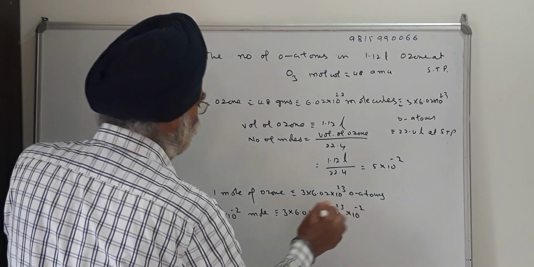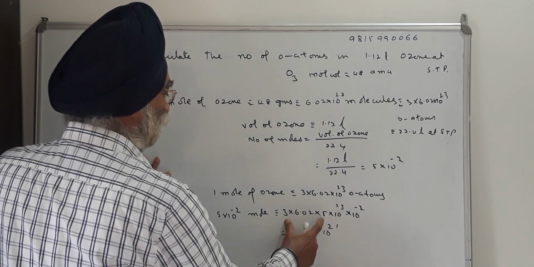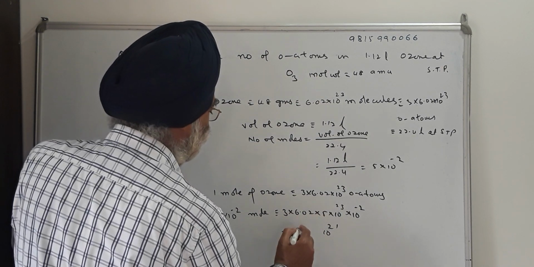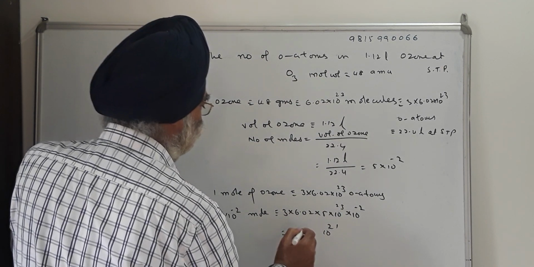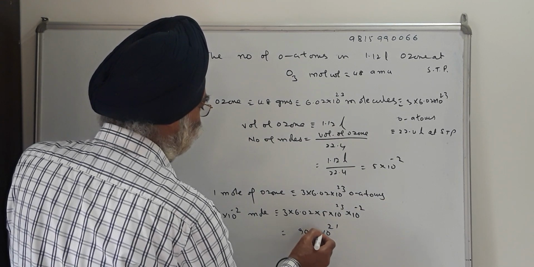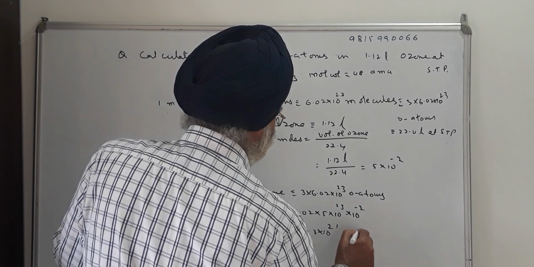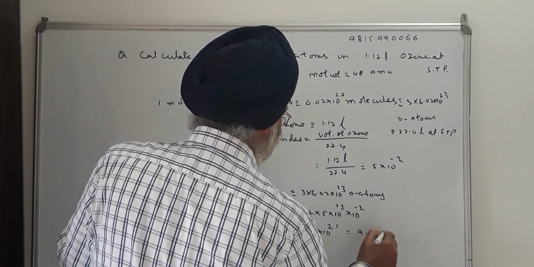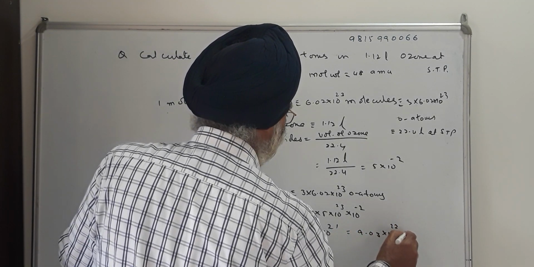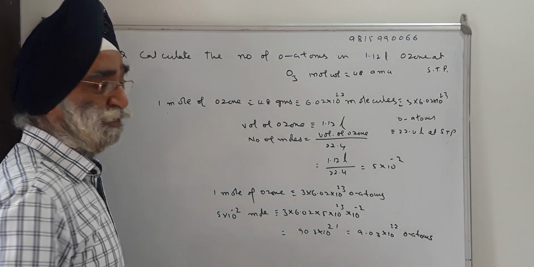This will give us 10 raised to the power 21, about 90, or if we are very particular, we will write like this, 9.03 into 10 raised to the power 22 oxygen atoms. This is the answer to this problem.